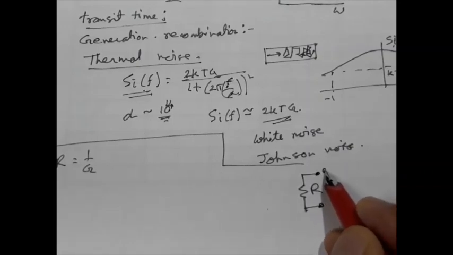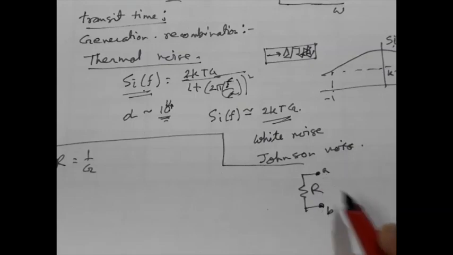One is the Thevenin equivalent model, and the other is the Norton equivalent model.